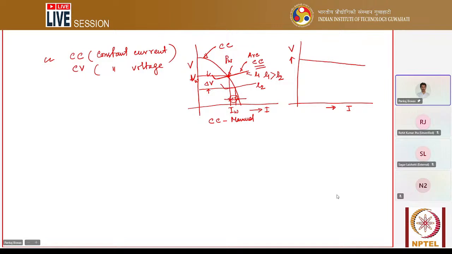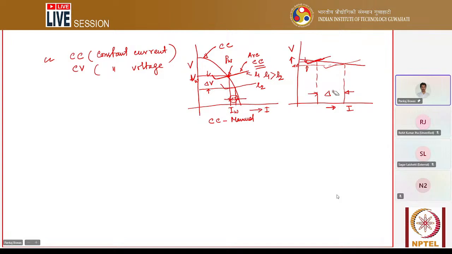Whereas in case of constant voltage characteristic curves, this is the arc characteristic curve for a particular arc length, and there is another arc characteristic curve for another arc length. If there is a small variation of voltage, delta V, in this constant voltage characteristic curve there is a huge variation of current.